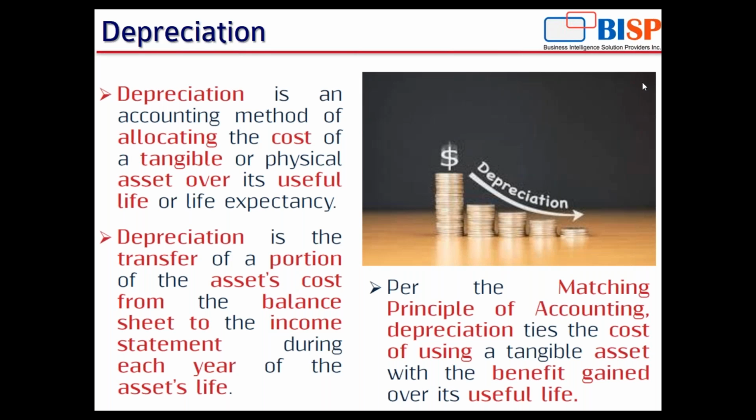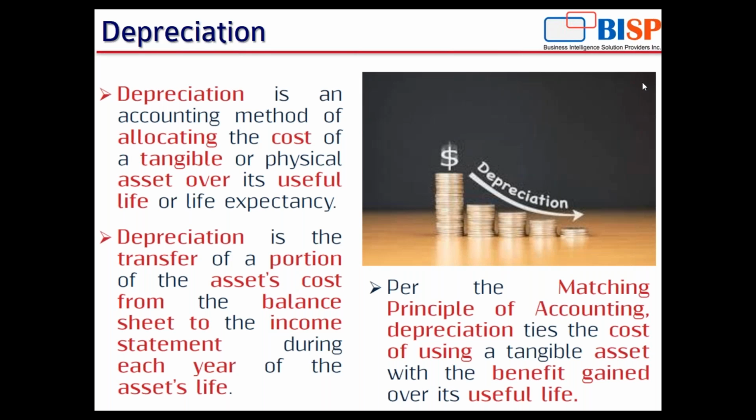Depreciation is based on the matching principle, that is why depreciation is charged on fixed assets. So we have seen the basics of fixed assets: depreciation, revaluation, and how these parts impact my financial statements.